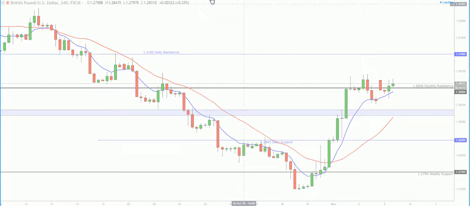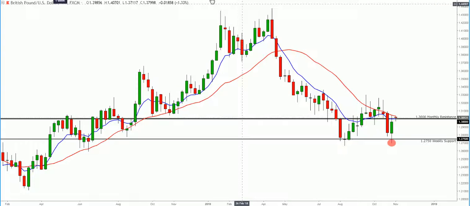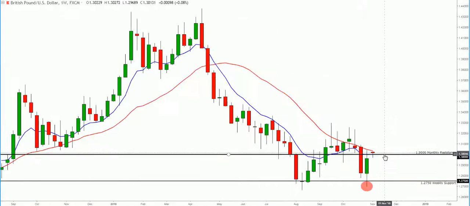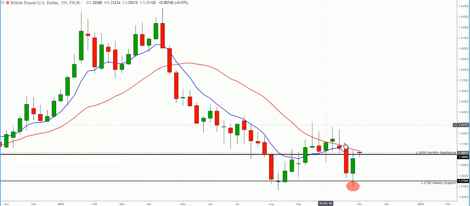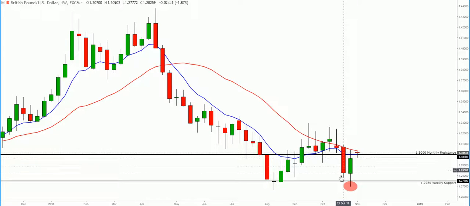Now finally, we've got GBP USD. And interestingly, after all of that bearish momentum that we saw last week, we pulled back after failing to breach the yearly lows for this pair.